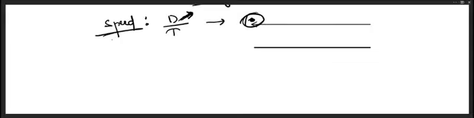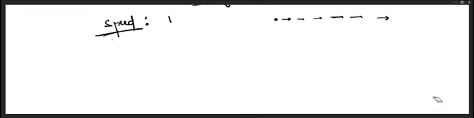While referring to that starting point or static point, we calculated distance in reference of this point. We calculated speed in reference to this point.